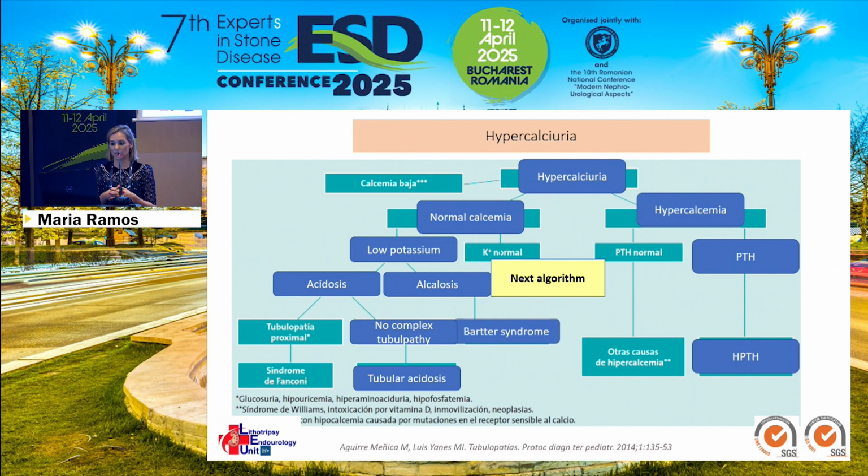If the potassium is low and there's alkalosis, we will think of Bartter syndrome. Or if we have low potassium and acidosis and no complex tubulopathy, an infantile tubular acidosis. But these are pediatric entities and will be diagnosed by pediatricians.